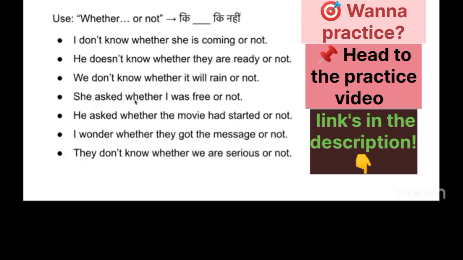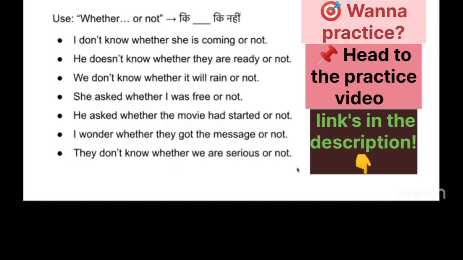She asked whether I was free or not. Okay, don't jump to the translation yet, otherwise it will bother you. He asked whether the movie has started or not. Same thing, I wonder whether they got the message or not. Okay, they don't know whether we are serious or not.